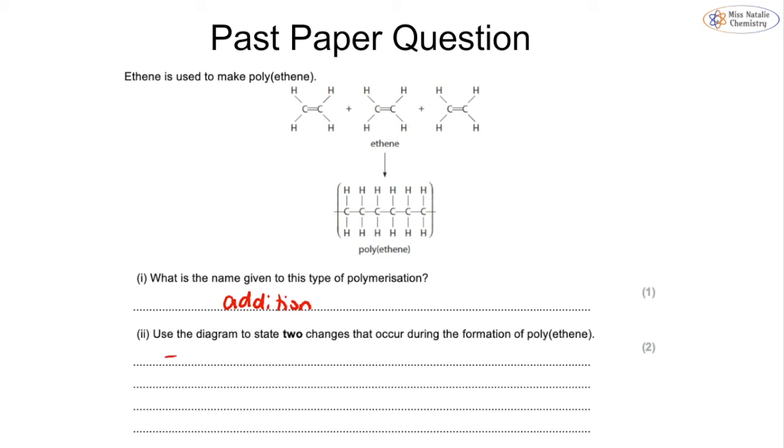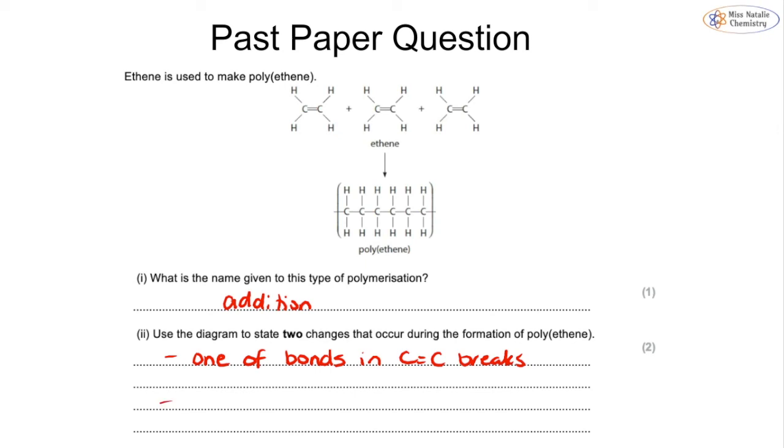So first of all, one of the bonds in the carbon-to-carbon double bond breaks. Now remember, we don't want to say the double bond breaks, we can, but really we want to be a bit more specific and we want to be saying that the carbon-to-carbon double bond becomes a single bond or it breaks one of the bonds, so really specify that.